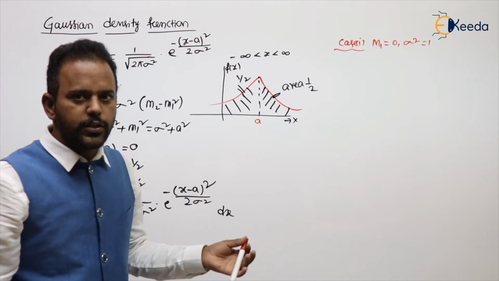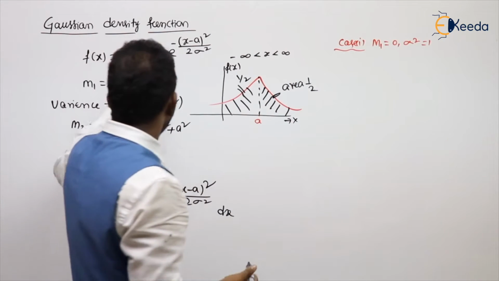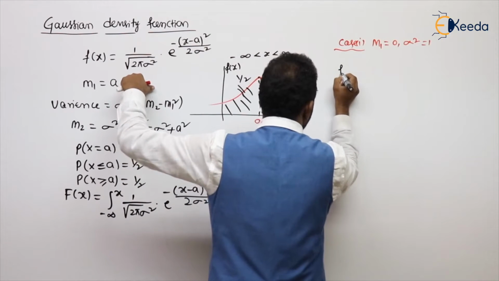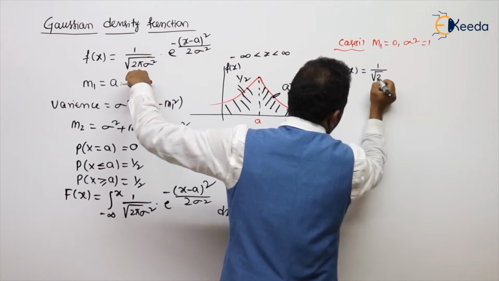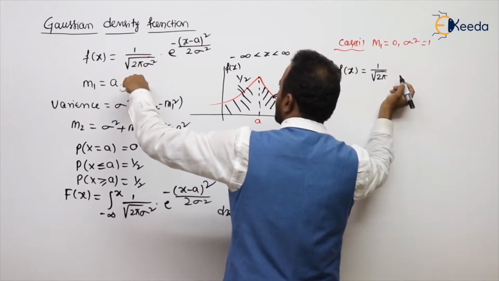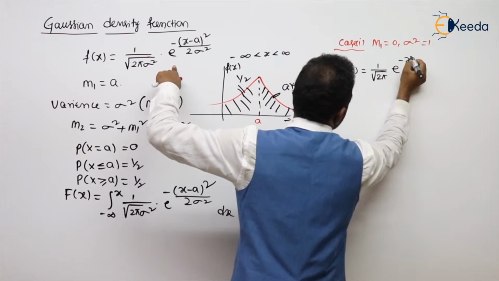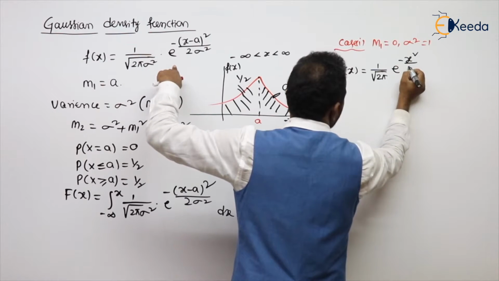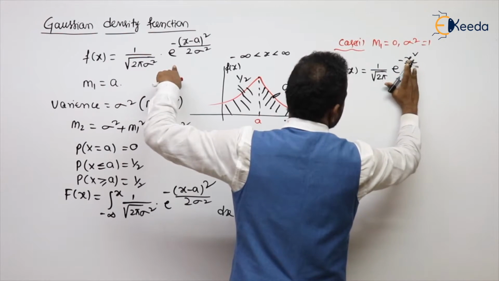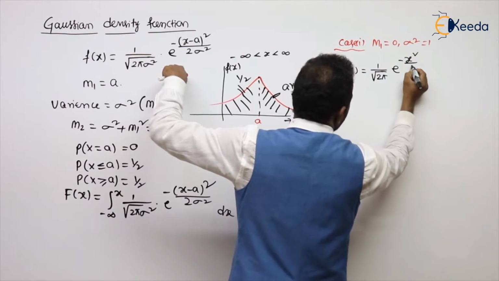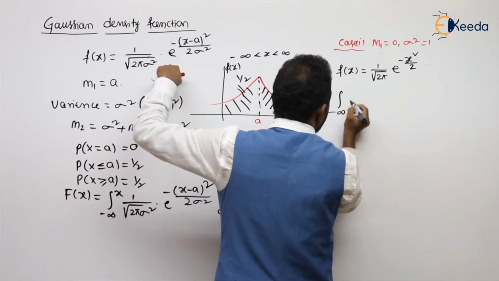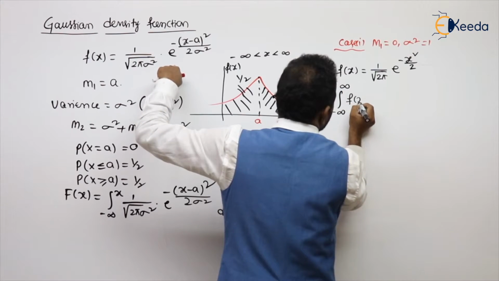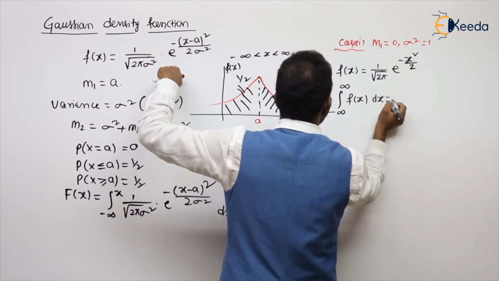If I take mean value 0 and variance 1, then how does the density function become? Density function f of x is 1 divided by root 2 pi, since sigma square value is 1, e power minus x square by 2. We have the condition that the total area under the PDF is 1.